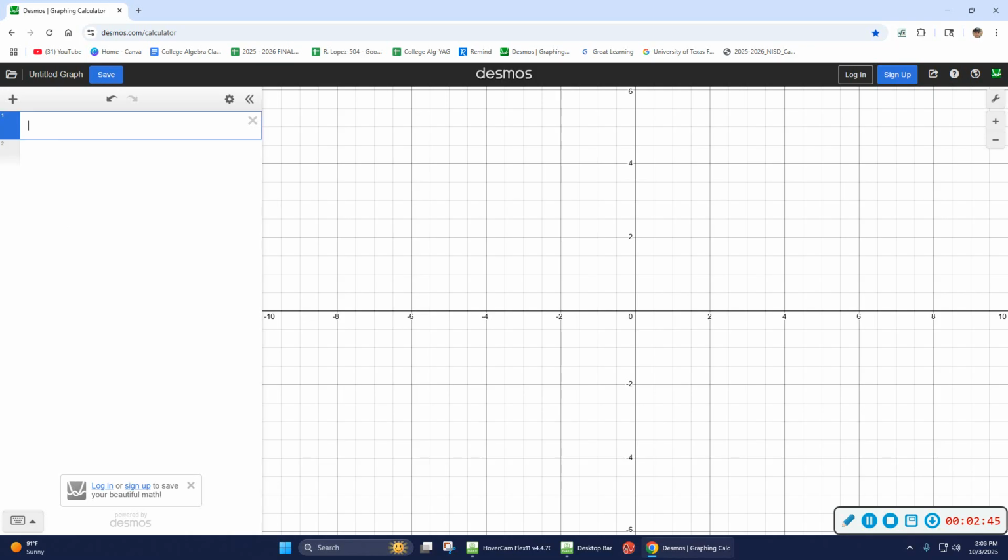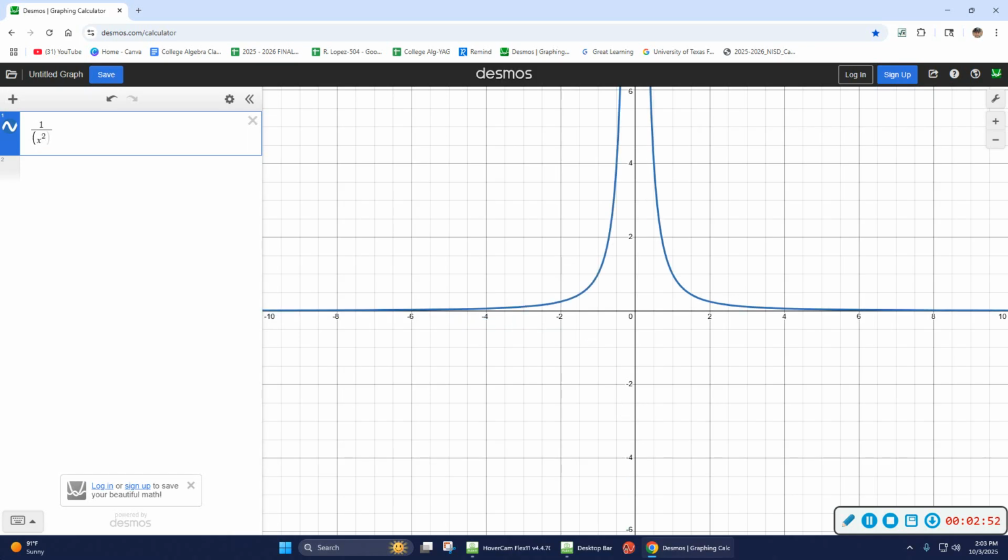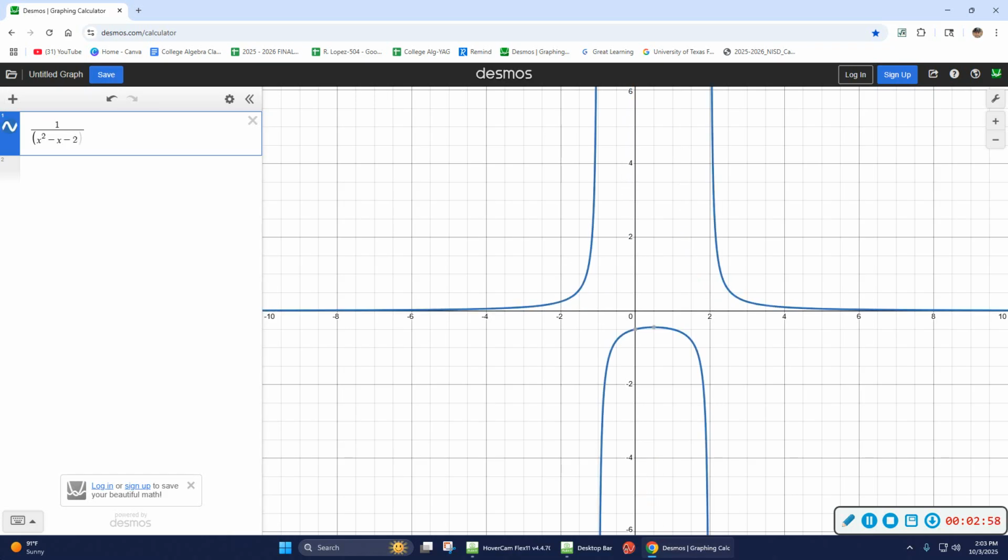So I'm going to graph the function. I'm going to put the division symbol, 1 over parentheses x squared minus x minus 2. What does this mean?